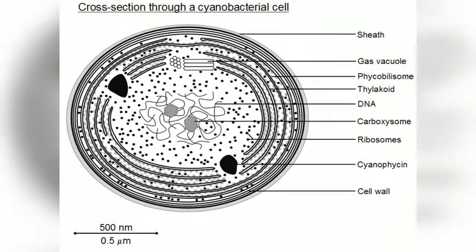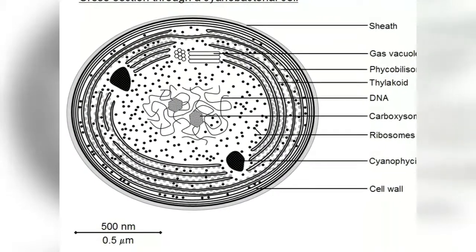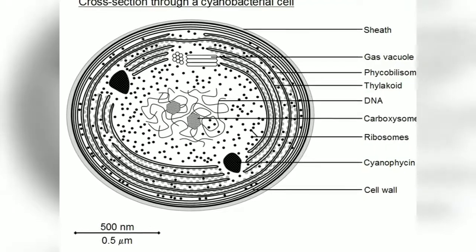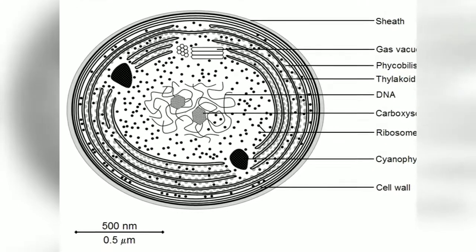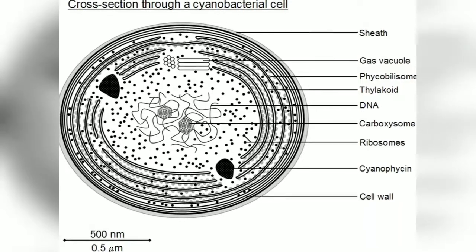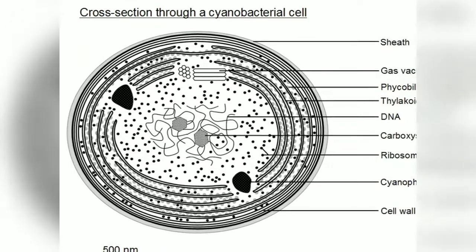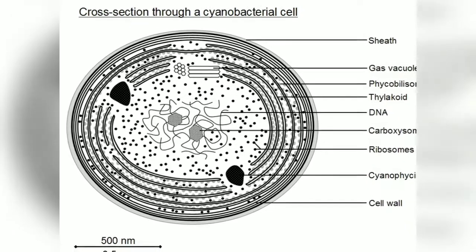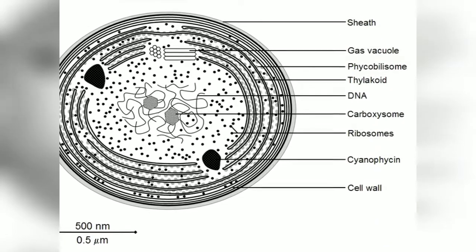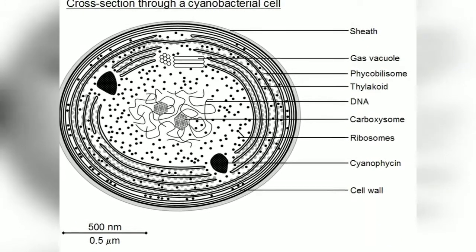So this is the definition of Gaidukov phenomenon, and its example is it can exhibit green color in red light, reddish blue in green light, and a bluish green in yellow light. This phenomenon benefits the alga to absorb maximum wavelength of available light for photosynthesis.